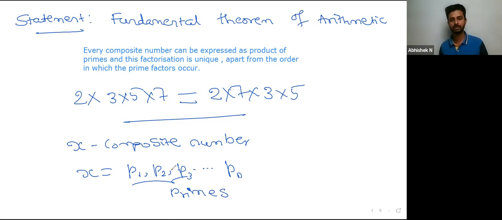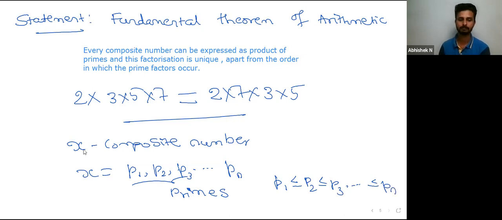Any composite number can be written as a product of primes, and also this will be in ascending order, like p1 less than or equal to p2, less than or equal to p3, less than or equal to pn.